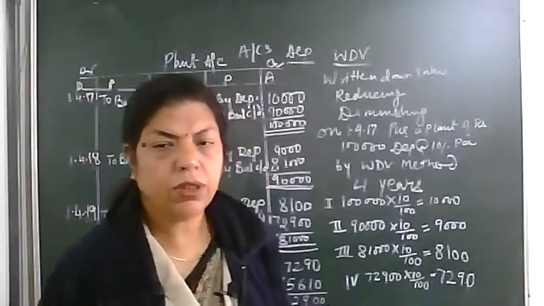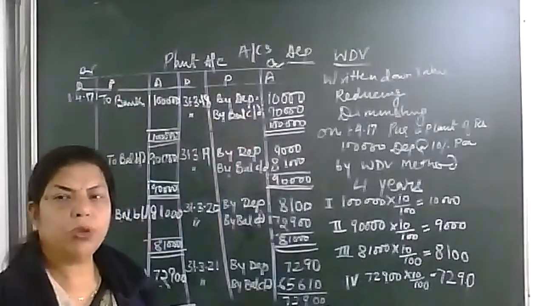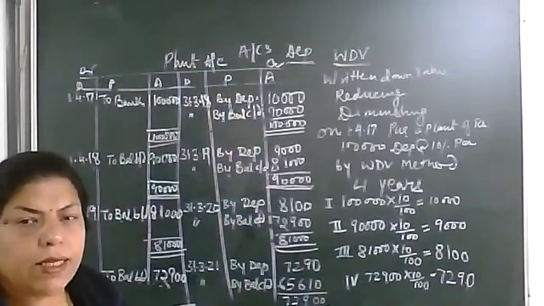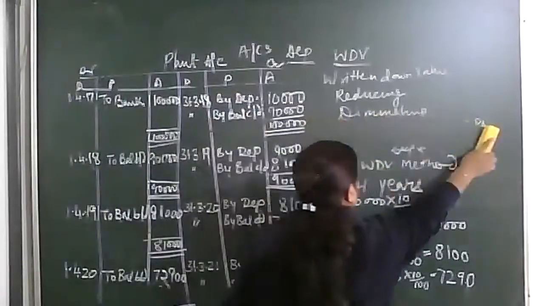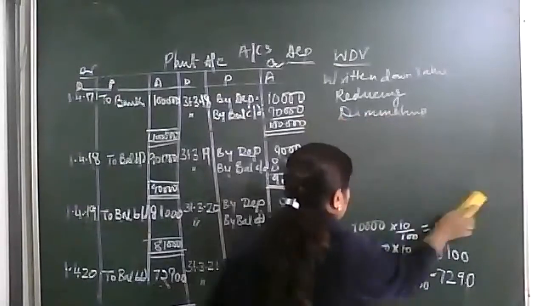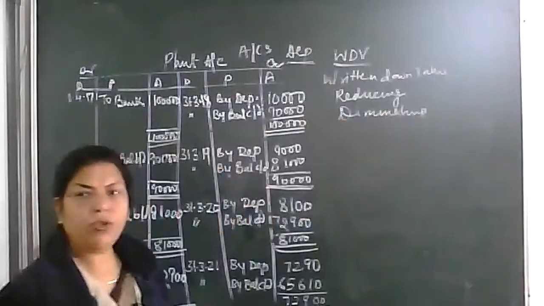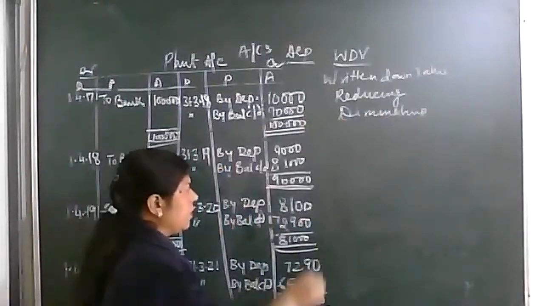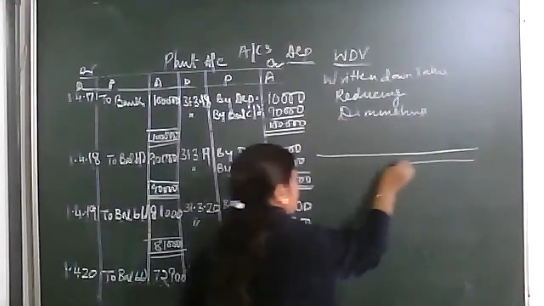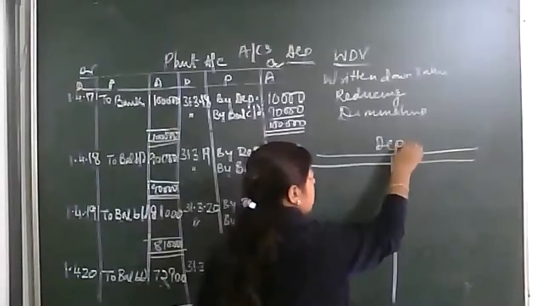Now children, I am going to show you one more account, that is the depreciation account. See how to make the depreciation account. Sawan, look at the board please. This is the depreciation account.